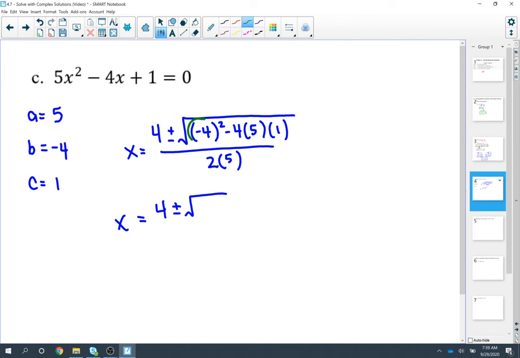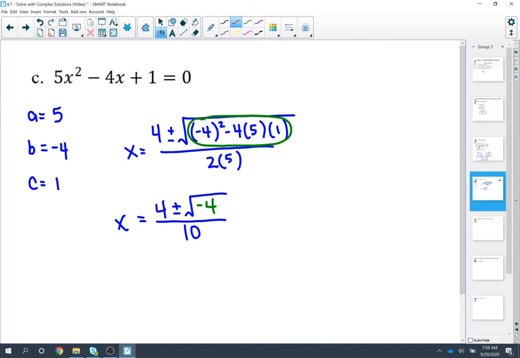Then I'm going to grab my calculator, and I'm only simplifying what's underneath. So we've got negative 4 in parentheses squared minus 4 times 5 times 1, which gives me negative 4. And then all over 10.